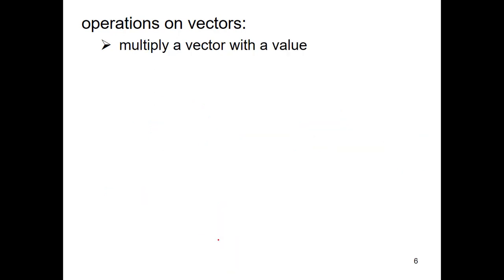We can also have a scalar multiplication, and that could be positive or negative. So if we look at vector A being 1, minus 2, let's start somewhere, go 1 to the right, 2 to the bottom. So this is the vector. Then we could multiply, for instance, with 2.